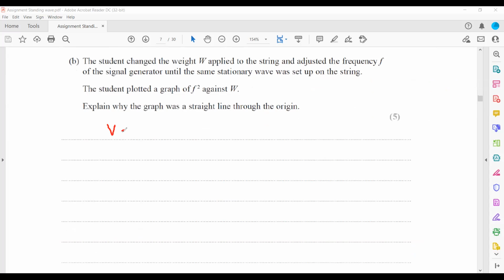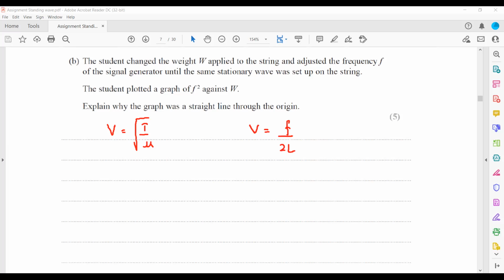We have the formula v is equal to under root T divided by mu, and this is the speed of the wave in a string. And we already have another formula that v is also equal to f divided by 2L, when it is vibrating in one loop.